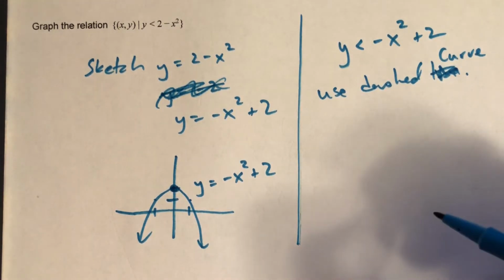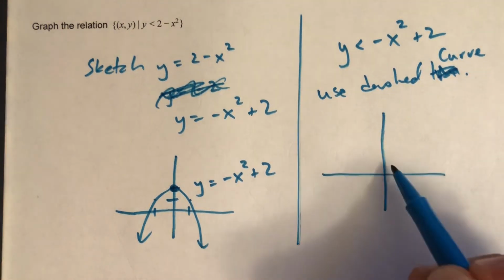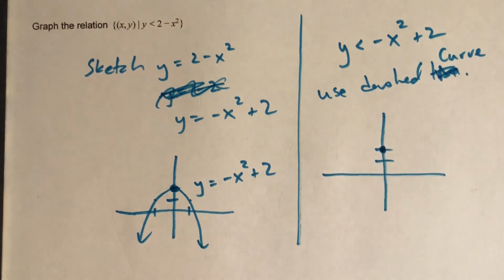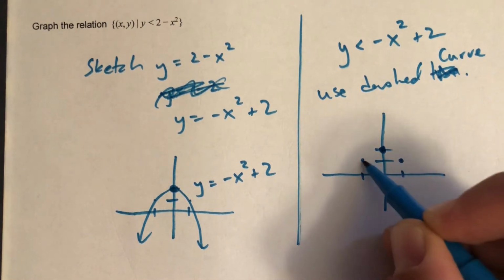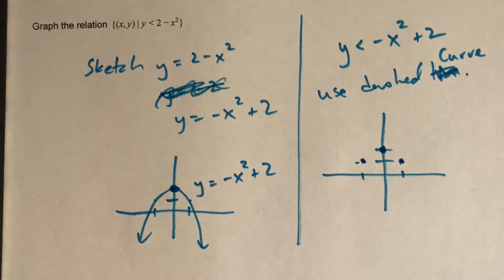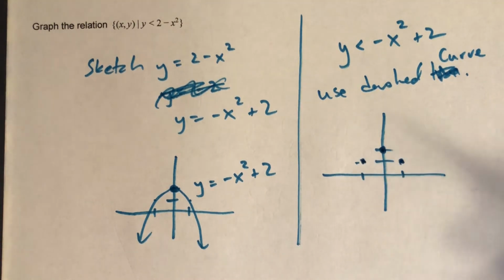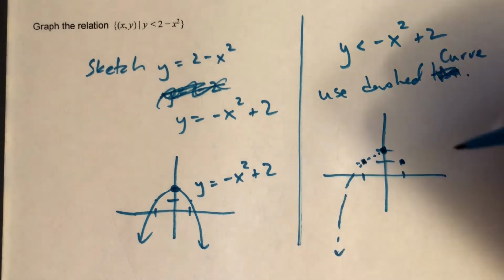So we can use that little parabola tool on the WebAssign, and we can put 1 point on the graph as the vertex of the parabola, and then choose another point. It's important to get the vertex right and to get another point on the parabola right. But one of the big emphases here is that this is a dashed line.